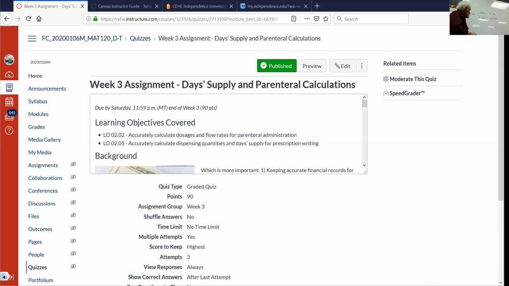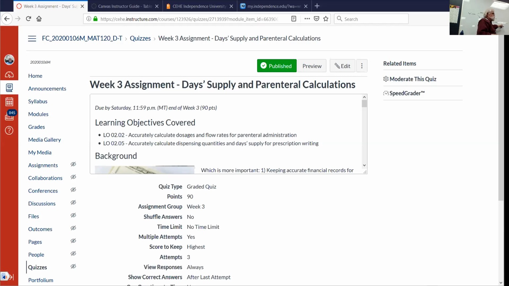However, if they give you something that says using something like a 15 GTT apparatus, that is going to be drops per minute.